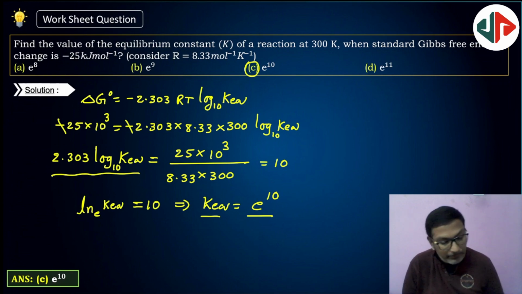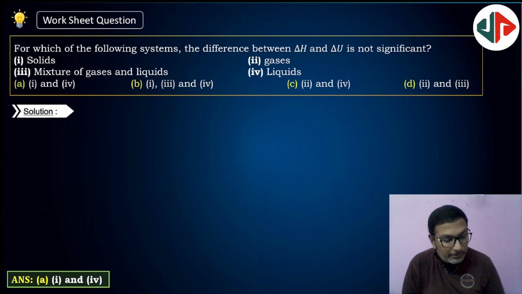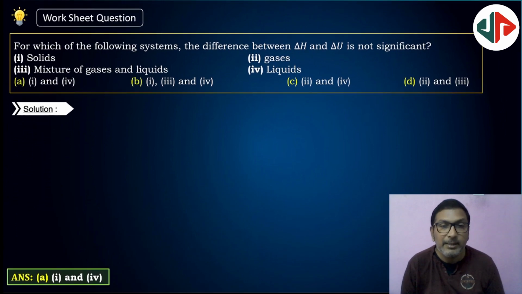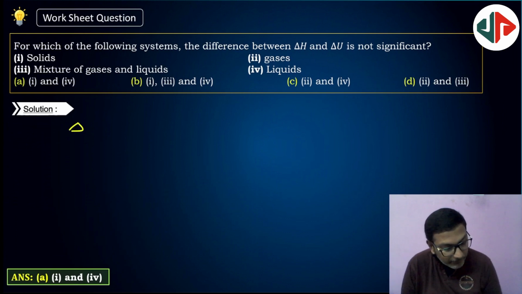Next, for which of the following systems is the difference between delta H and delta U not significant? Not significant means we know delta H equals delta U plus delta Ng RT.